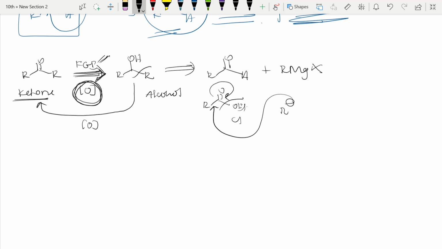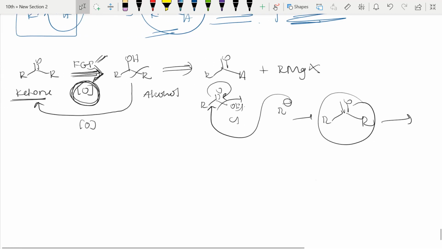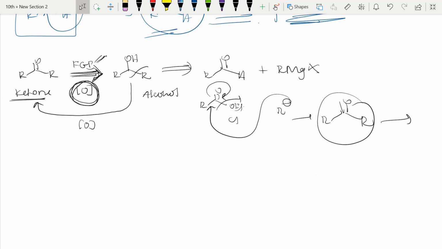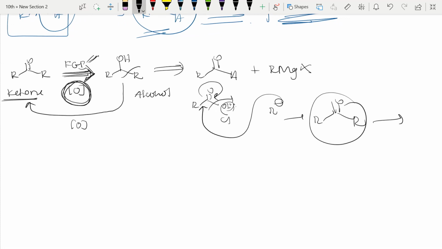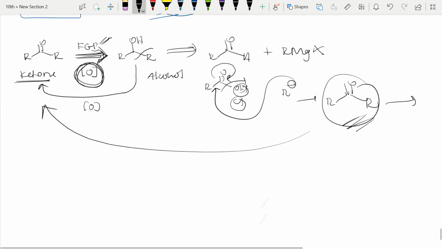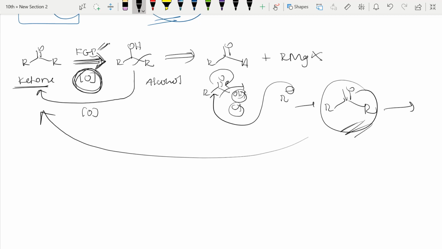If they leave the system, I will get the ketone directly. So if I put this OEt or Cl here instead of aldehyde, I will get directly the ketone. So to get the alcohol, what I have to do is take only the aldehyde, right? That thing also you should remember. I hope I made it clear to you, right?